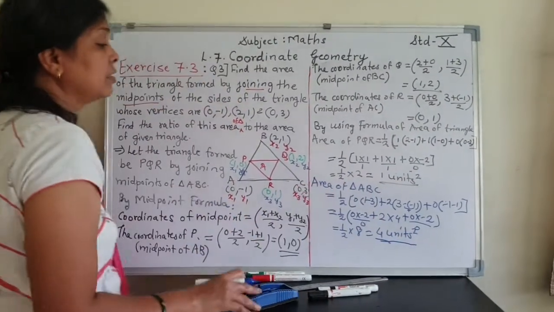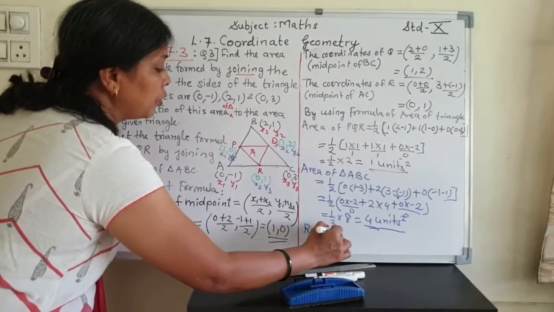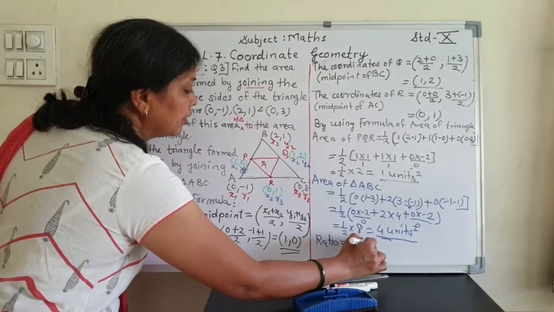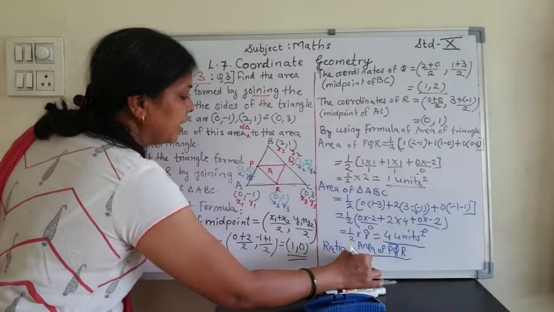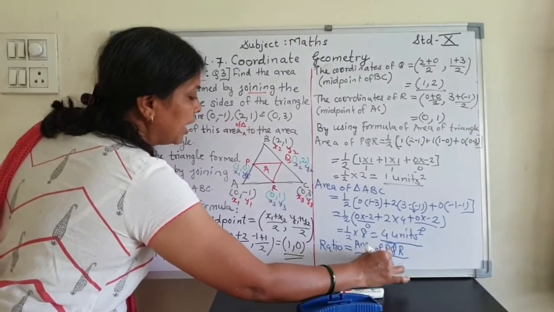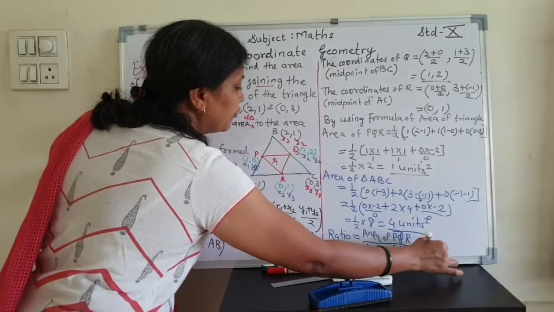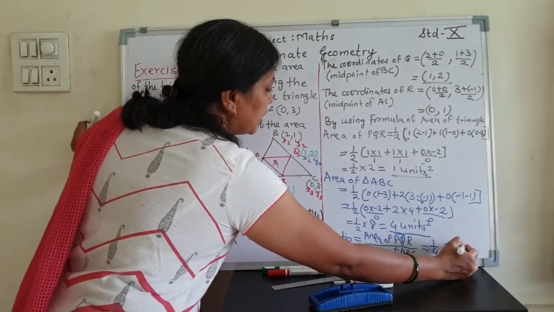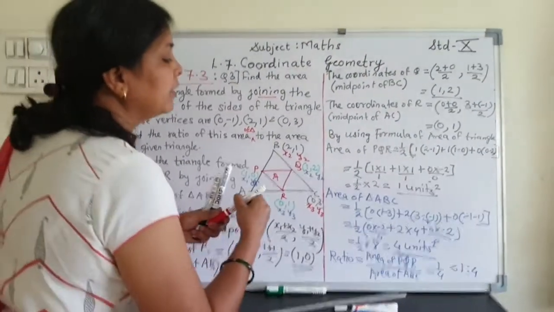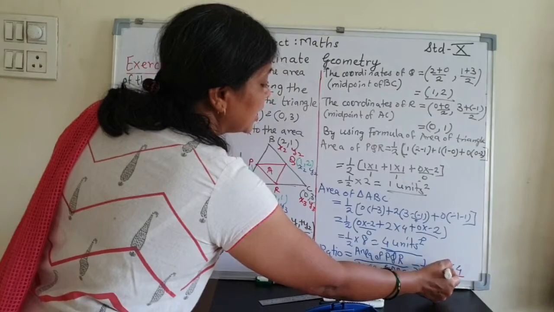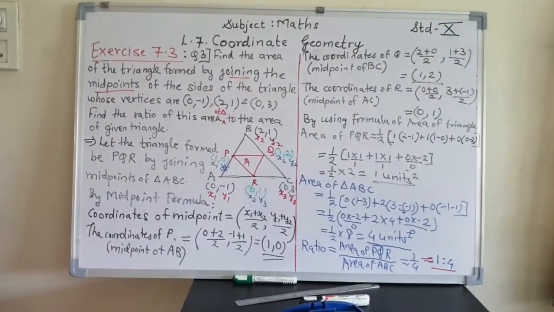Now they have asked us to find the ratio of area of PQR upon area of ABC. That is 1 upon 4, which is 1:4. So this is how we get the ratio of areas, as well as we can find areas of triangles.